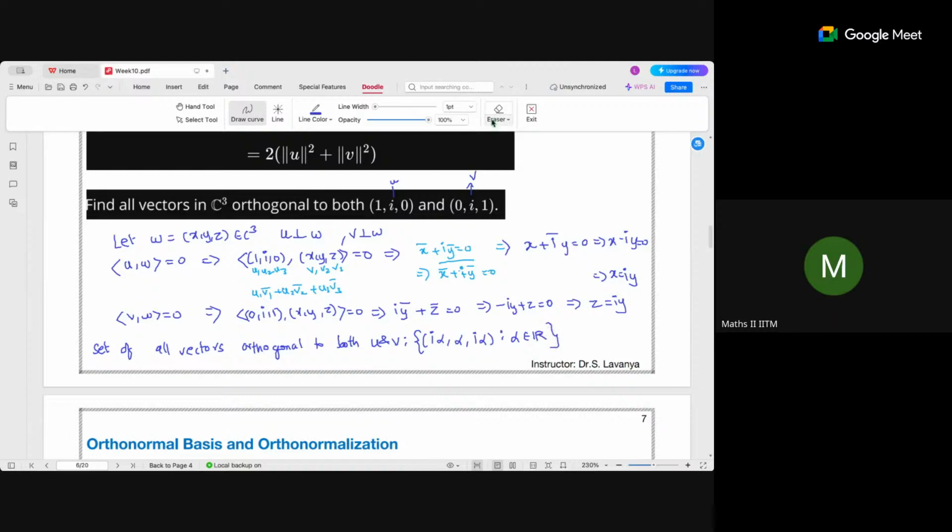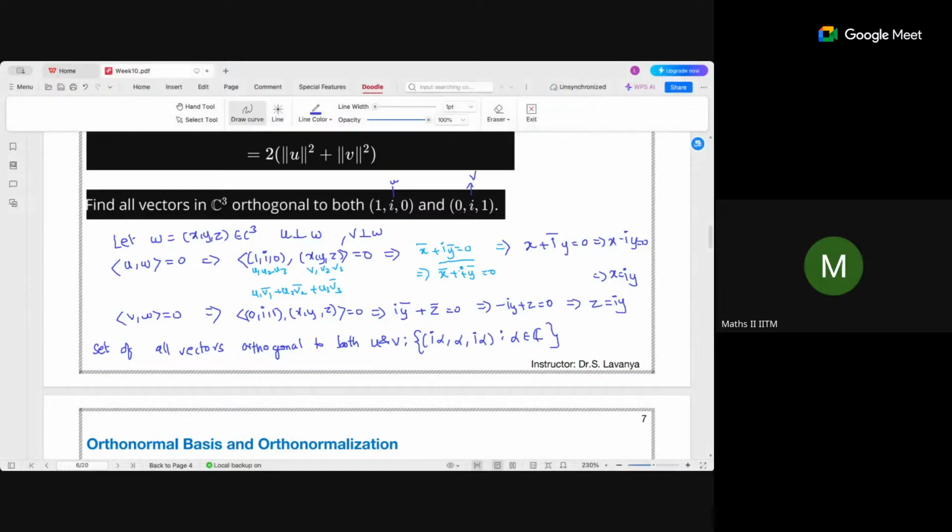So these are the set of all vectors orthogonal to both u and v. This is how to find the orthogonal complement. Is that clear? Is this part clear for everyone? Yes, ma'am.